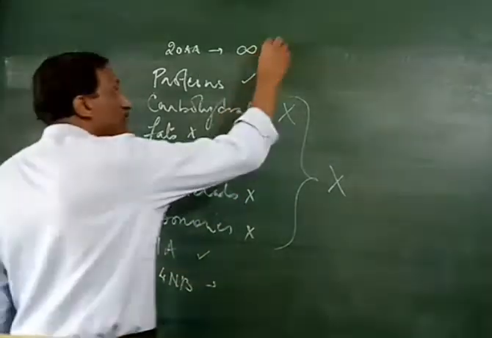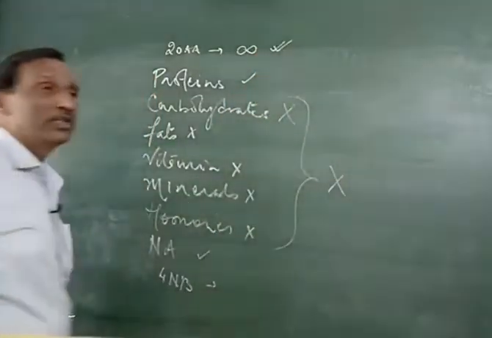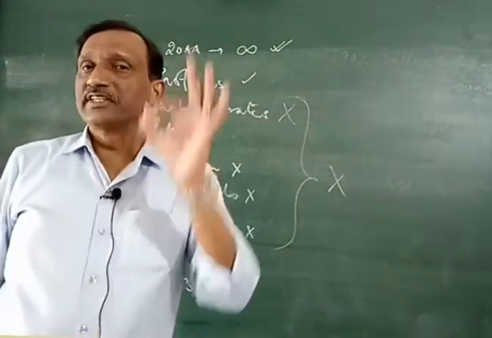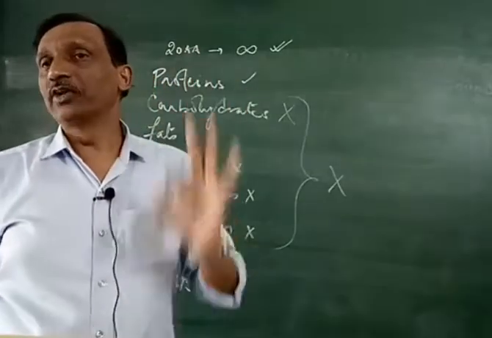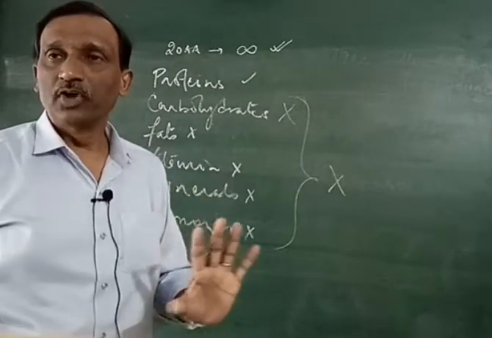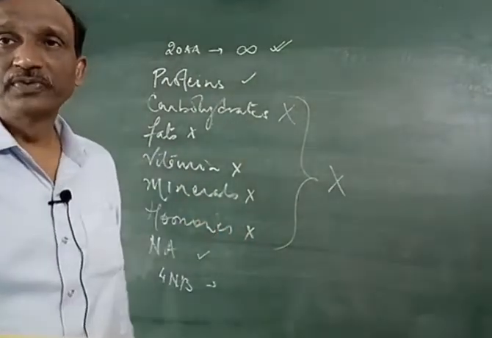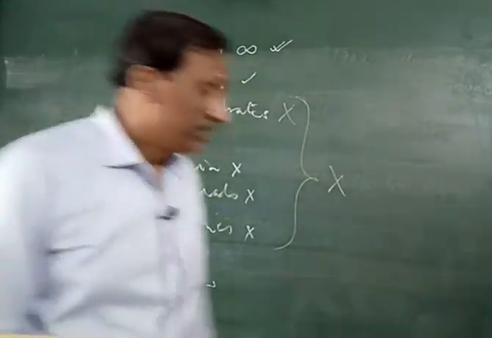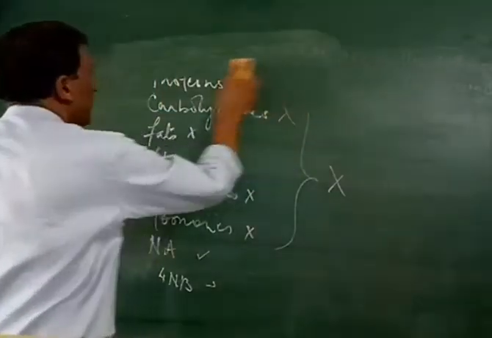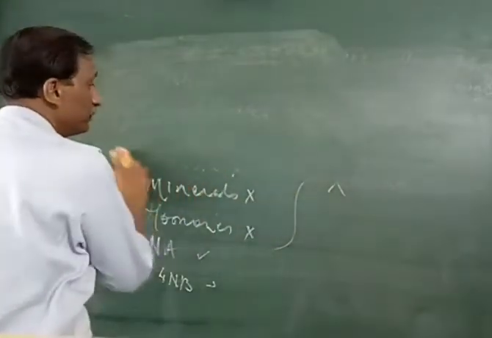So everyone was eyeing the protein. They said whatever it is, the genetic material should be protein and only protein. There was no other option anyone even thought of. Now there was a scientist, or rather a doctor named Frederick Griffith.